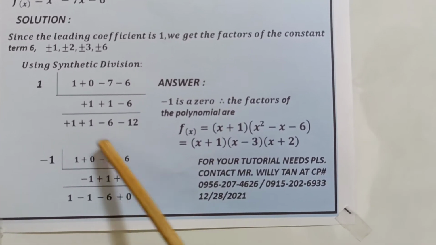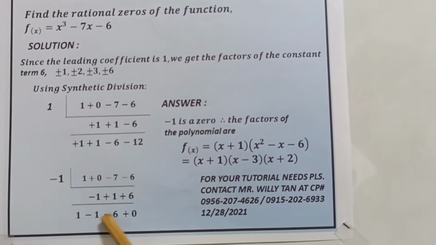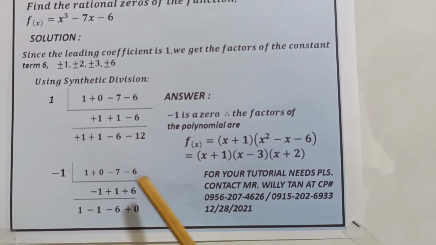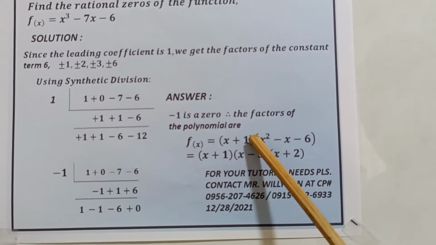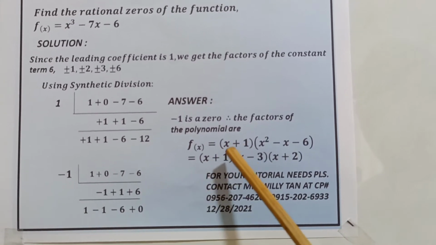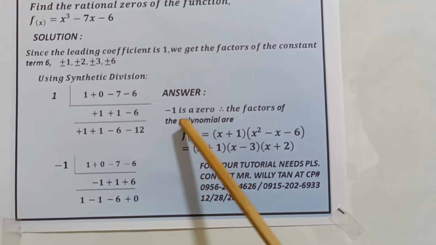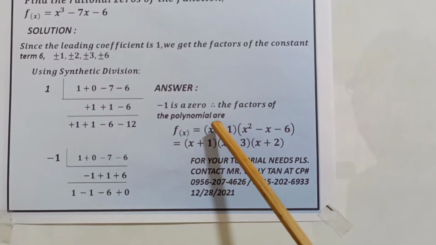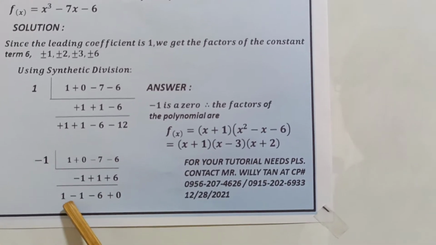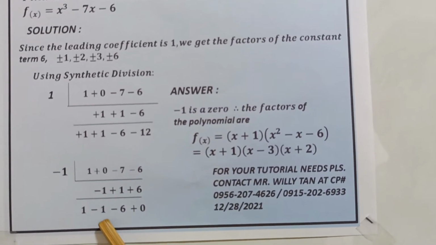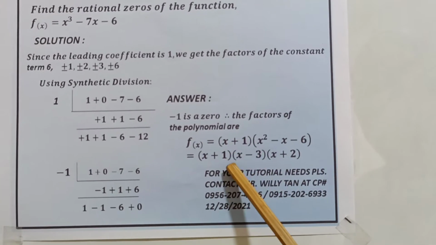After getting this, we rewrite it as a polynomial function. Since negative 1 is a zero, f of x equals x plus 1, times the quantity x squared minus x minus 6.